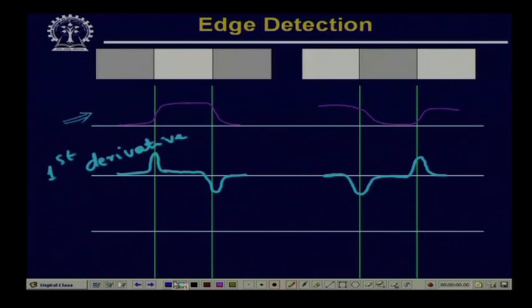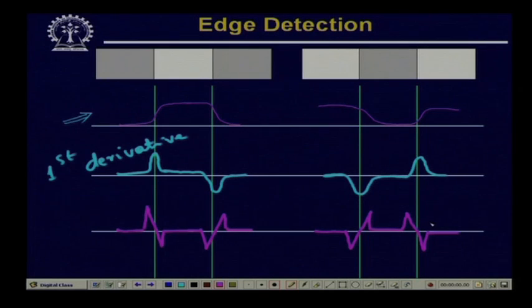Now, the second derivative will appear something like this. And in the second case, the second derivative will be just the opposite. It will be something of this form.